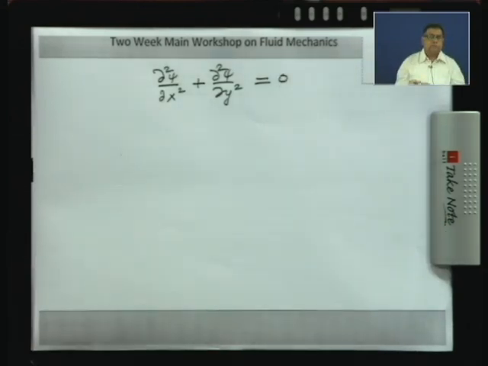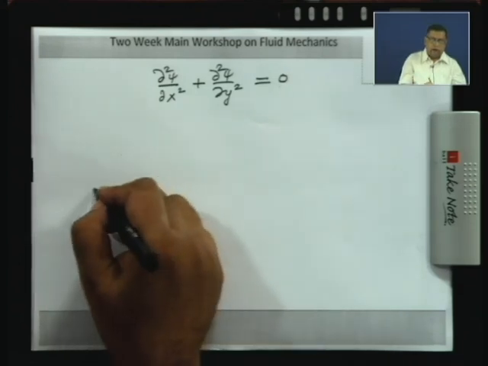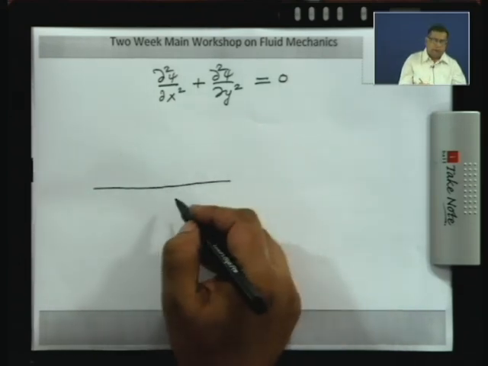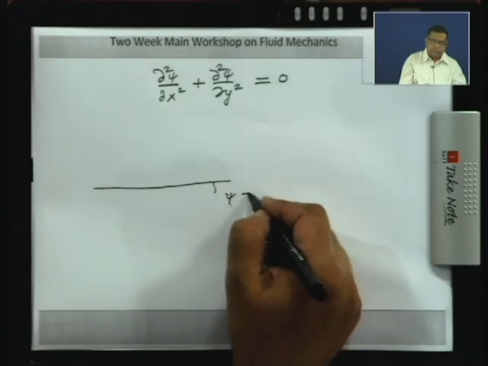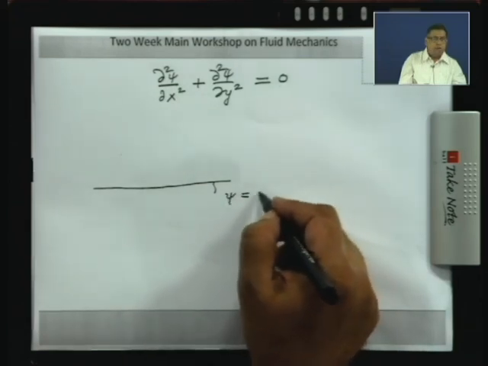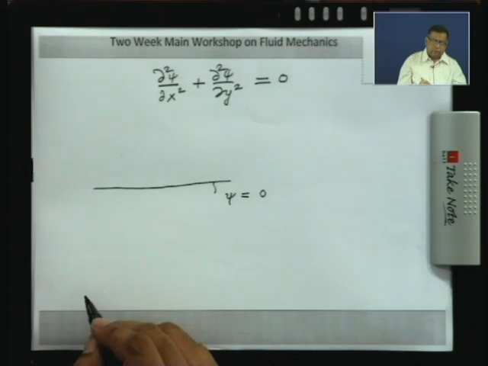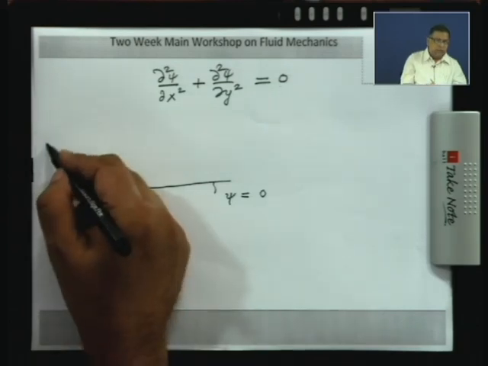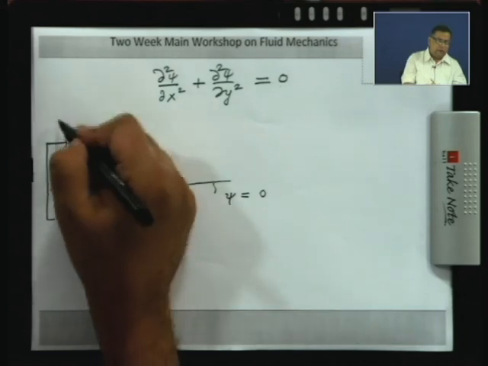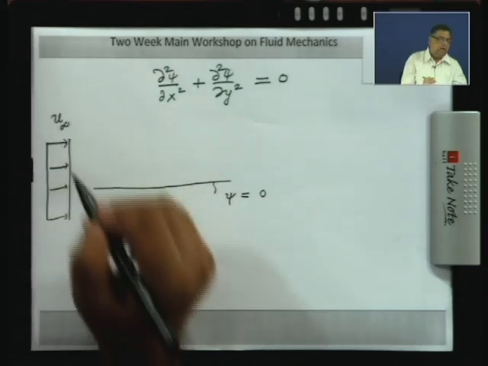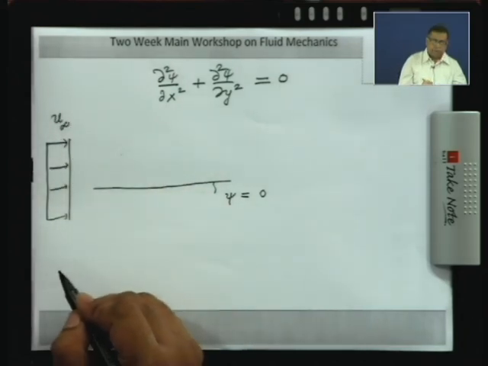This we showed in the morning session, and we showed that on the plate psi is a constant. If you want, you can set the constant equal to 0, and upstream is a uniform flow with speed u infinity.